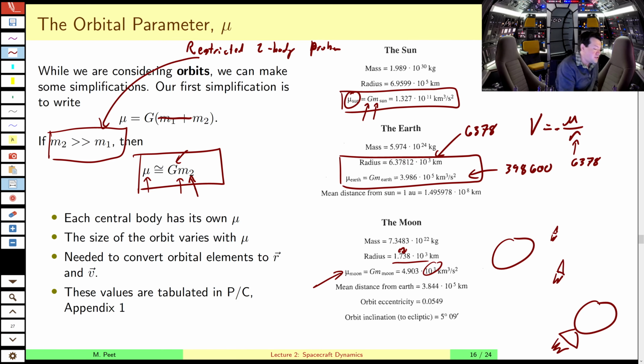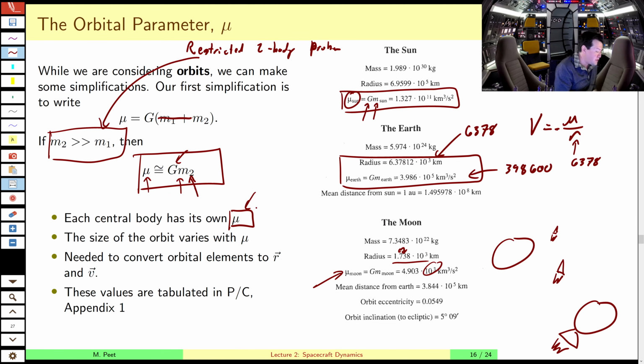Anyway, the important point is that each body that we're orbiting has its own mu, which changes the size of the orbit and so forth. But it doesn't change the shape of the orbit. It's only that factor of mu which influences the size of it, and some other things. We'll talk about that in more detail.